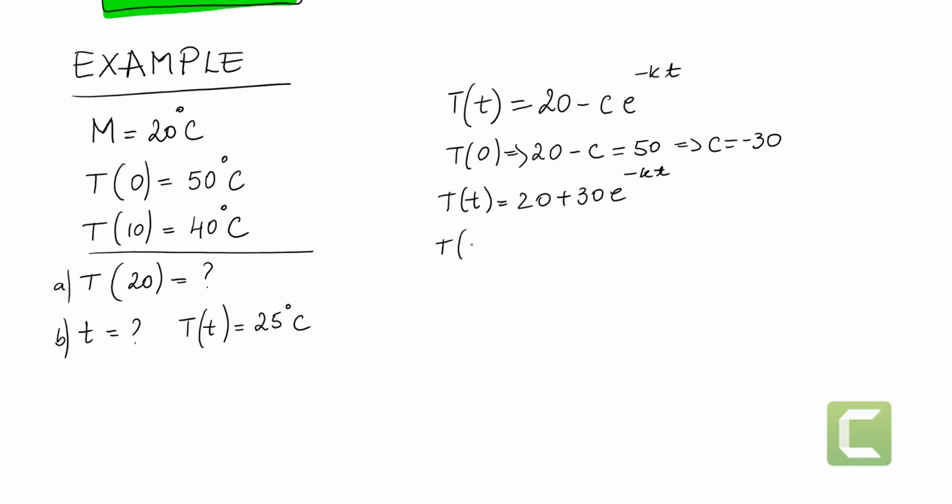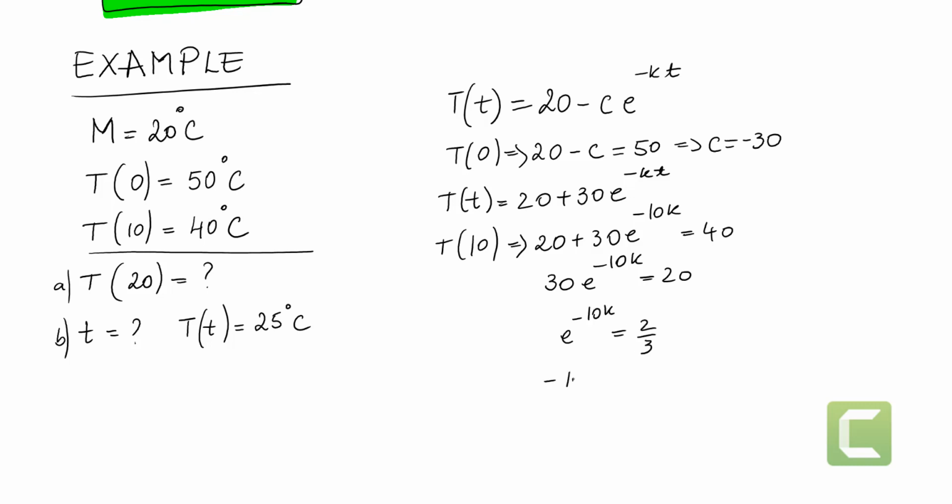But T(10) is calculated by replacing t with 10, so negative 10k, and it's given to be 40 degrees. So 30 e to the negative 10k equals 20, e to the negative 10k equals 2/3, negative 10k, I apply ln, equals ln of 2/3, so k is negative 1/10 ln of 2/3.